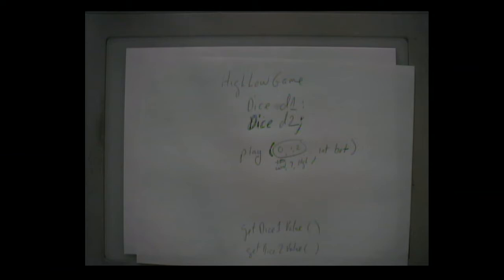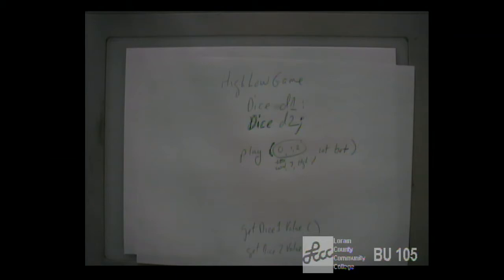Now, choice of 1. If the sum equals 7, then the player gets paid 4 times the bet. Otherwise, it costs them their bet.